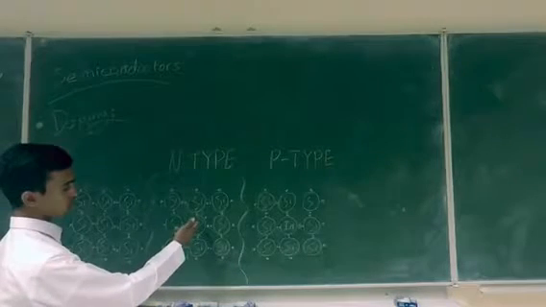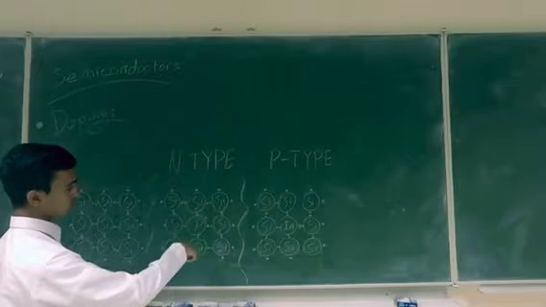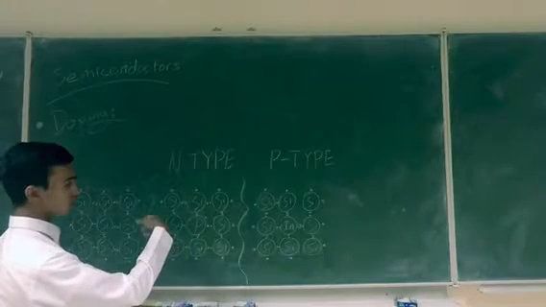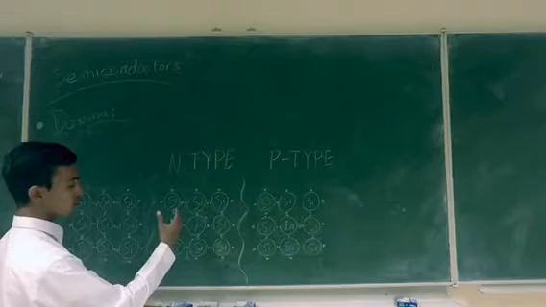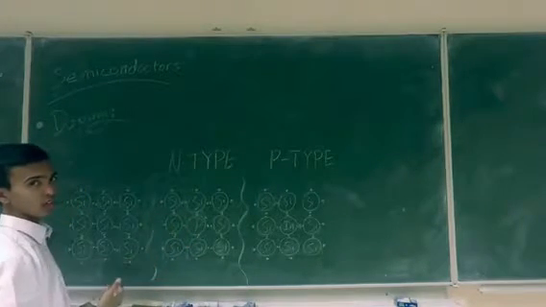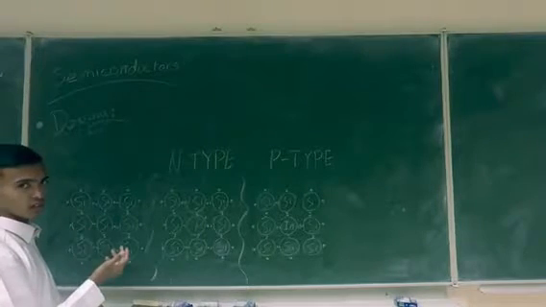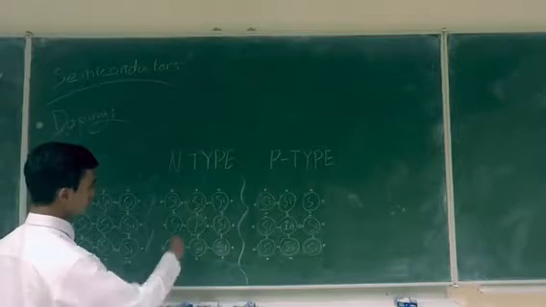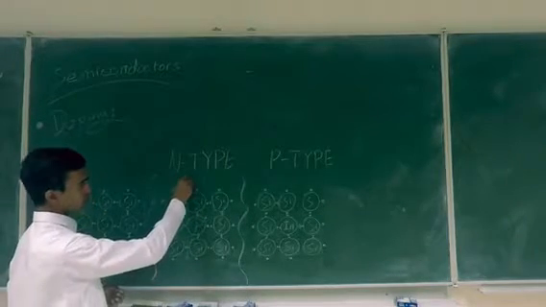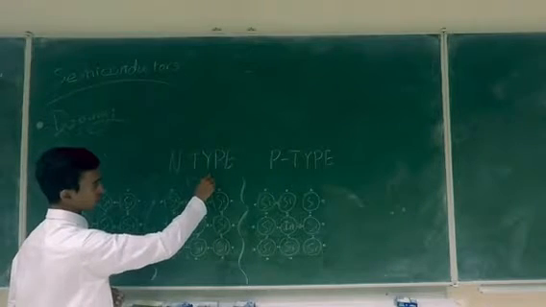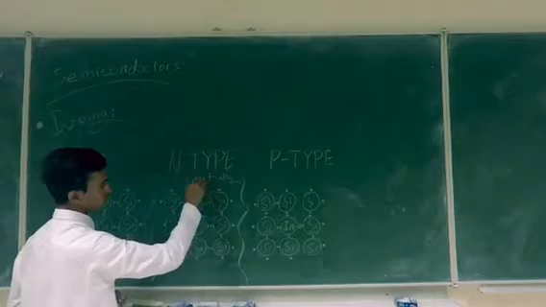For phosphorus, we have 5 valence electrons. With 4 silicon atoms bonded to the phosphorus, we have 4 and 5, so we have 9 electrons. So 9 is more than 8, so this type of semiconductor is partially negative.